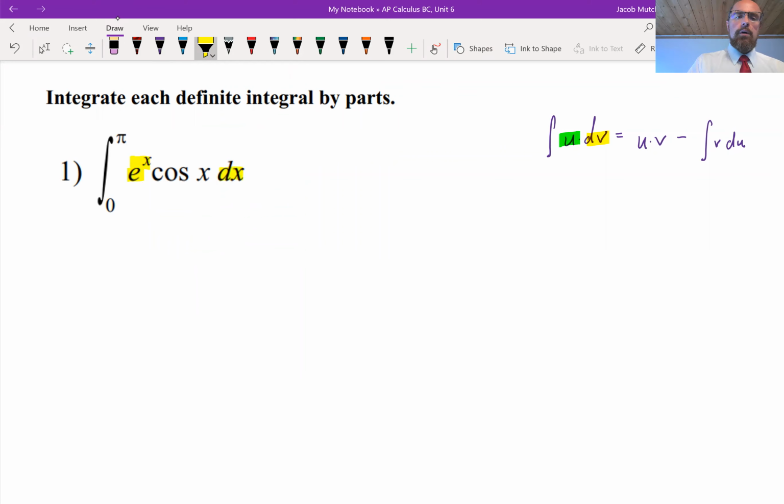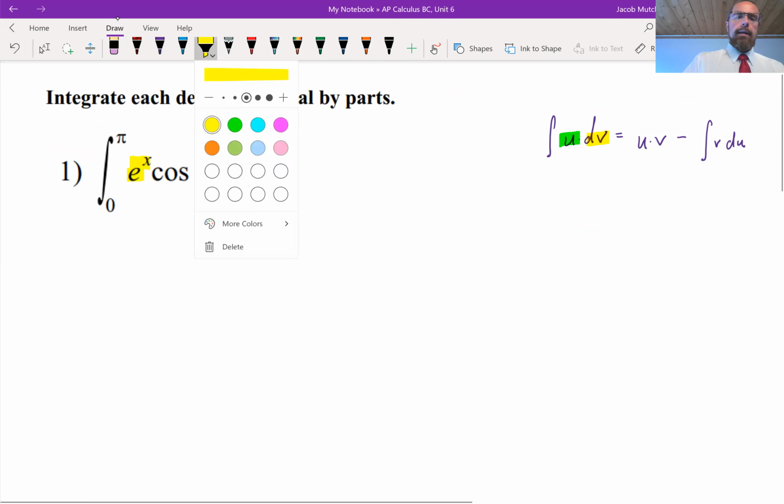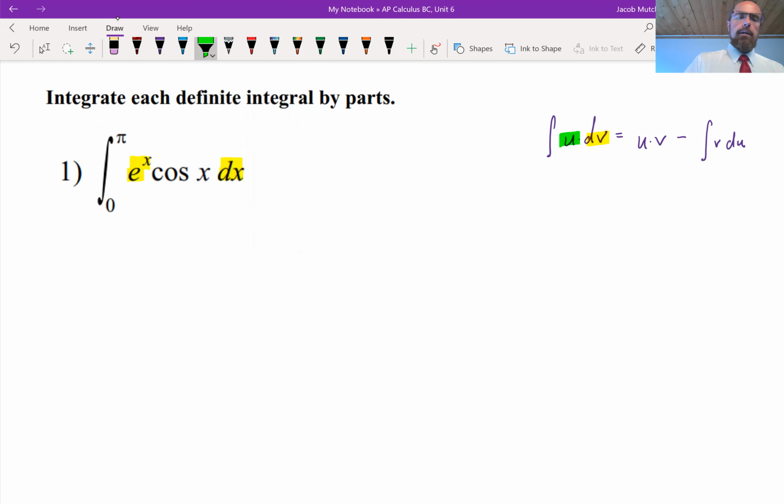And then dx would always be associated with dv. And that leaves for me the other factor here, cosine of x, as my u. And again, the general guideline for u is let u be the portion of the integrand whose derivative is a function simpler than u. So cosine x will work.